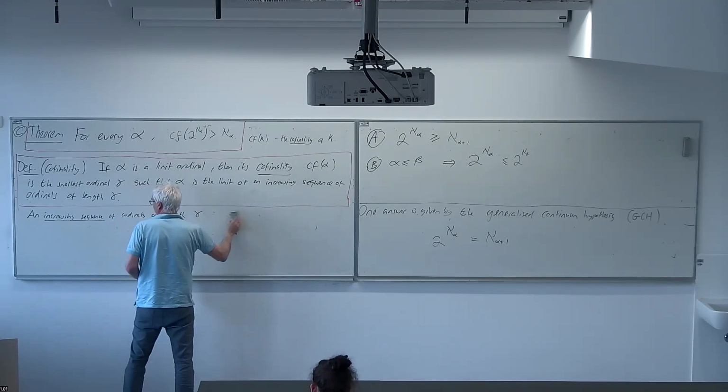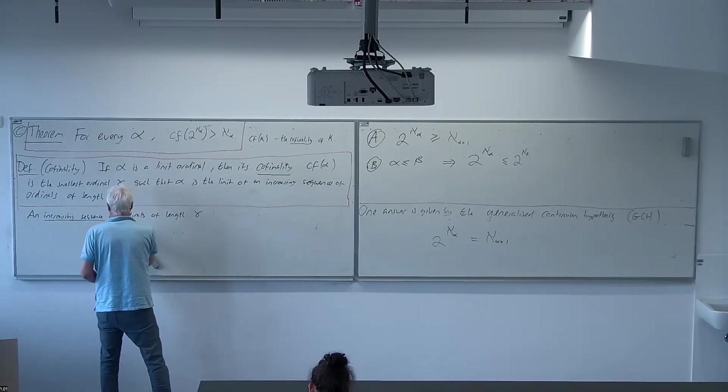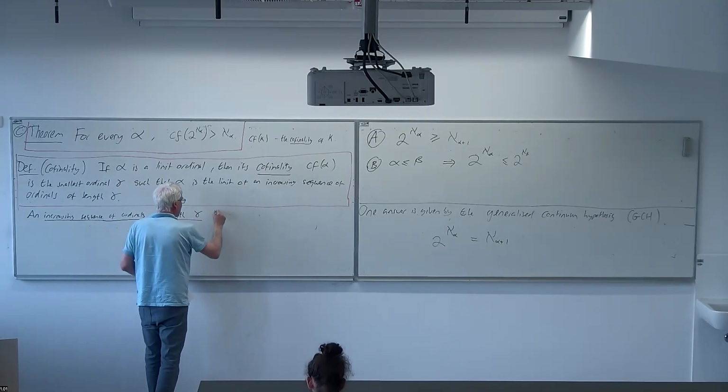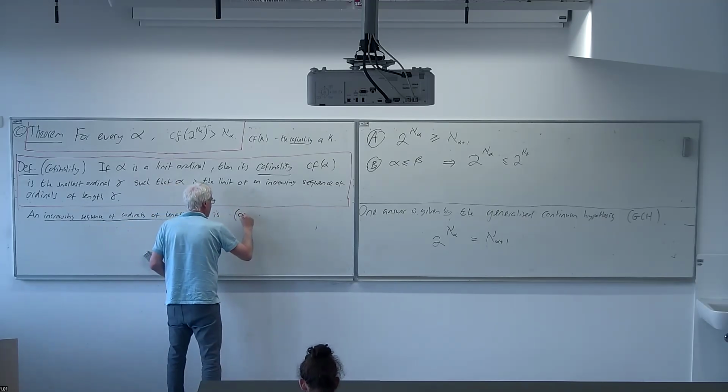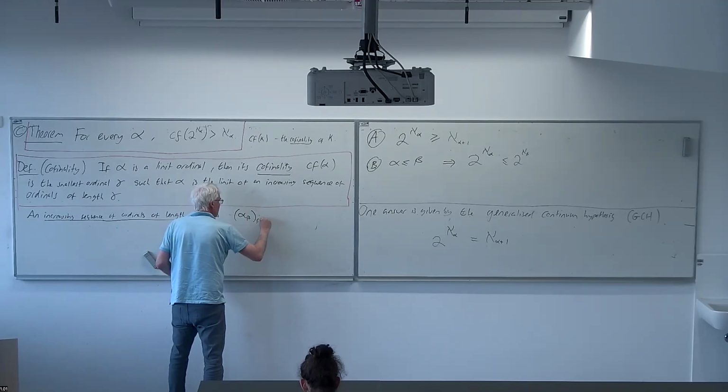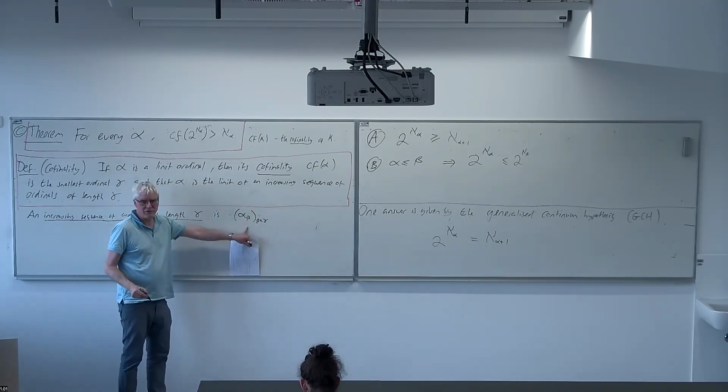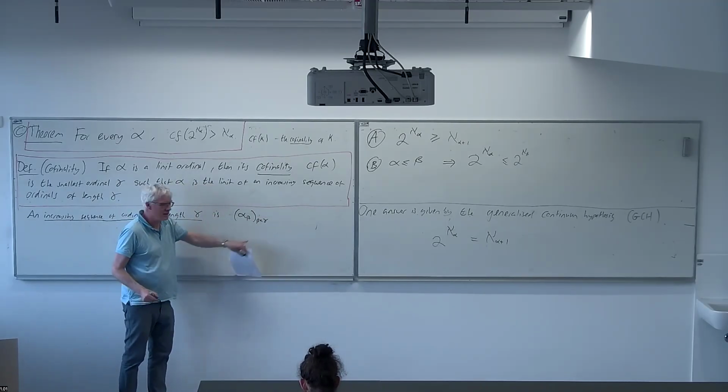I'm defining what an increasing sequence of ordinals of length gamma is, so let's underline the whole thing. It's a collection of ordinals indexed by ordinals less than gamma. So that's a sequence of things of length gamma, that's what that means.